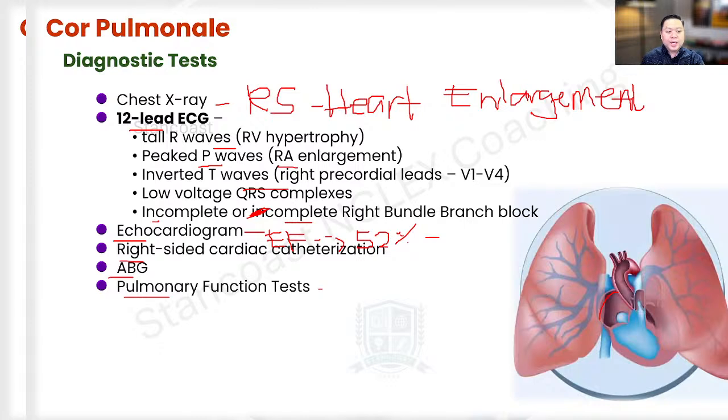So maybe a COPD in the form of chronic bronchitis, or it could be emphysema. So if those values reveal poor pulmonary function tests, then it could be caused by chronic bronchitis or emphysema.